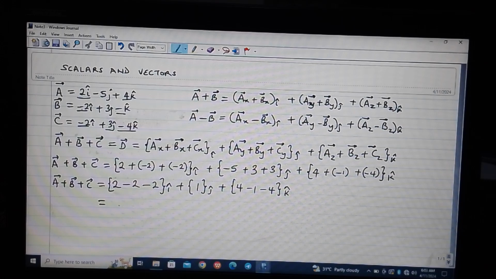So this gives you 2 minus 2 is 0. 0 minus 2 is minus 2. So you say minus 2i plus j. 4 minus 1 is 3. 3 minus 4 is minus 1. So we say minus k. So A plus B plus C is now equal to this. So this is the new vector when you combine A, B, and C in the form of addition.